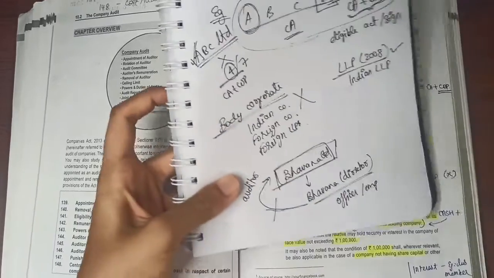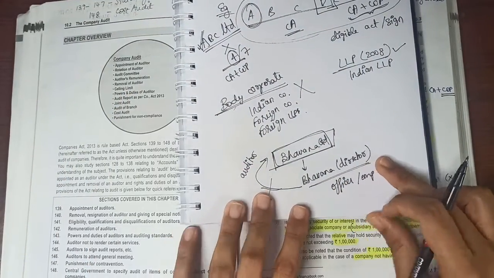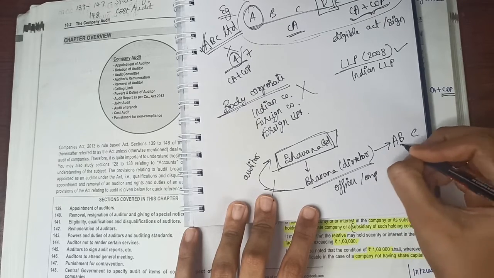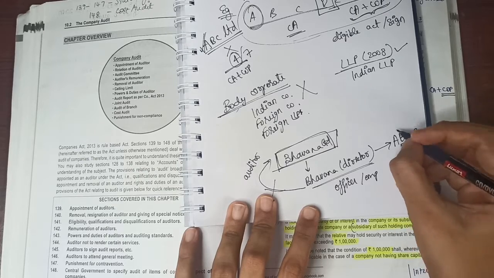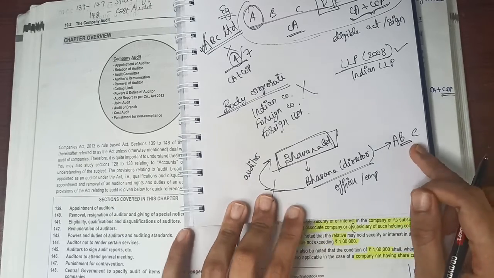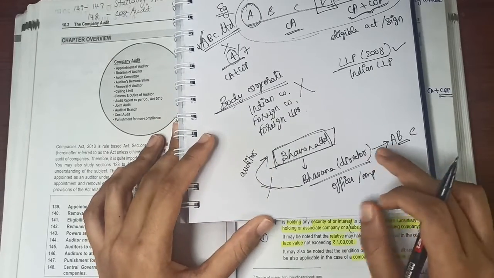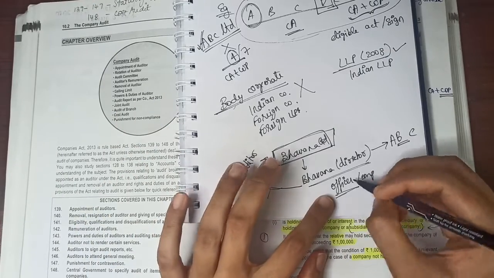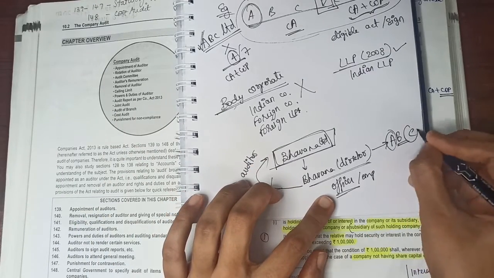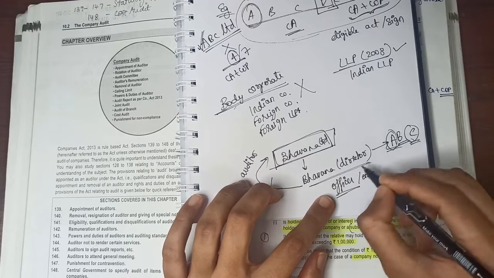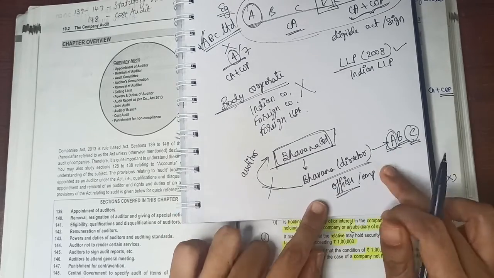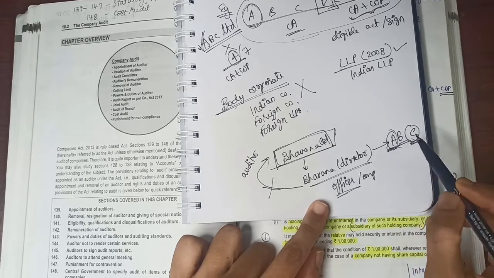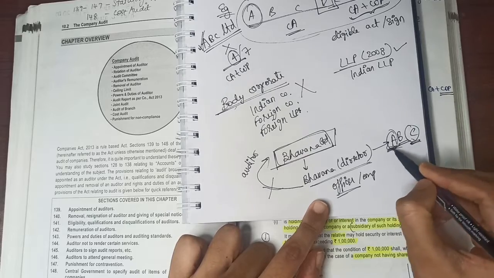What this means is, suppose I am the director, and I am also a partner in another firm called the ABC firm, with two other partners, A and C. The partner of the officer can also not be an auditor. This is what they are trying to say here. So the partner or employee, they can be my employer, they can be my partner.